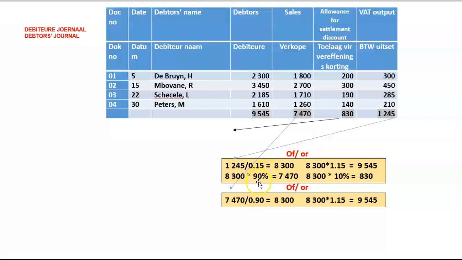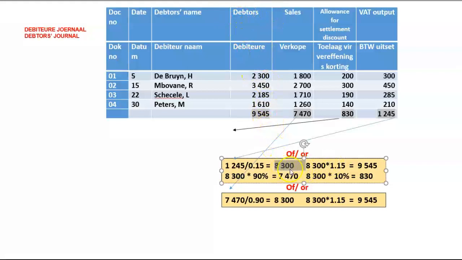If I give you the VAT output amount of 1245, you should know that that represents 15% of the VAT exclusive amount. So if I divide the 1245 by 15%, it should give me 8,300 Rand, which is the VAT exclusive amount. You know that we post to our debtors account the VAT inclusive amount.